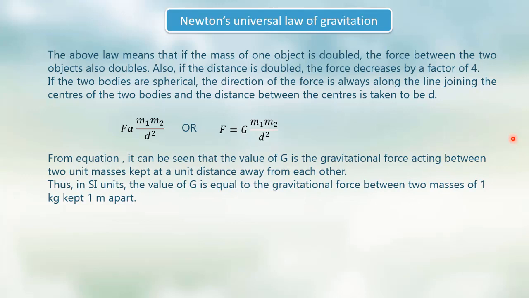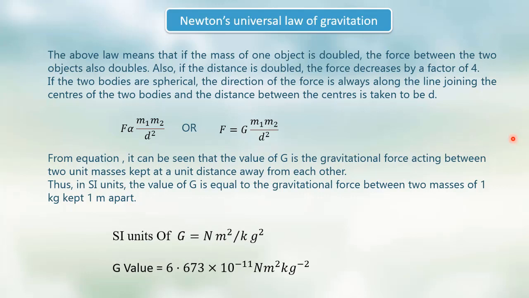From the equation it can be seen that the value of capital G is the gravitational force acting between two unit masses kept at a unit distance away from each other. Thus, in SI units, the value of G is equal to the gravitational force between two masses of 1 kg kept 1 meter apart.